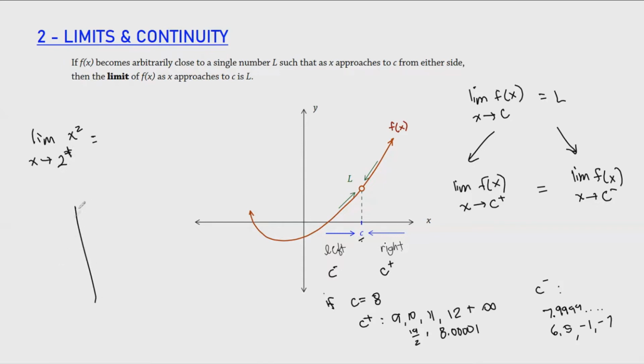So if we wanted to graph this, x squared would have a graph like this. So this is x squared, and if you're talking about the limit of x squared as x approaches 2 from the right side, then this is 1, 2. So this is 2, and the x will approach from the right side.